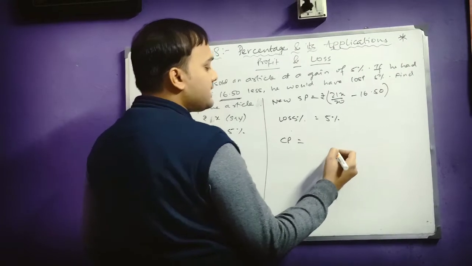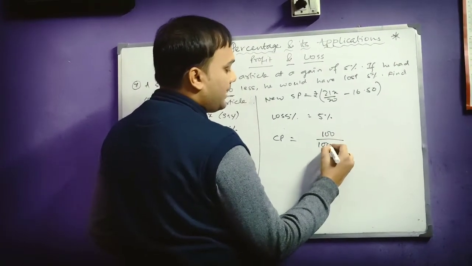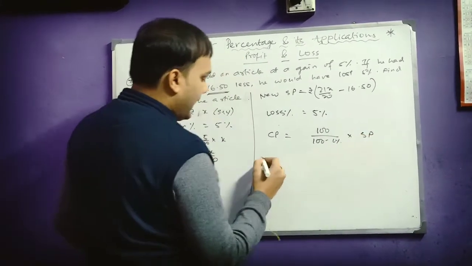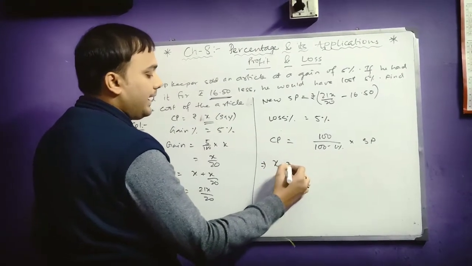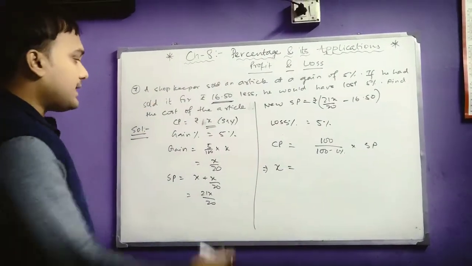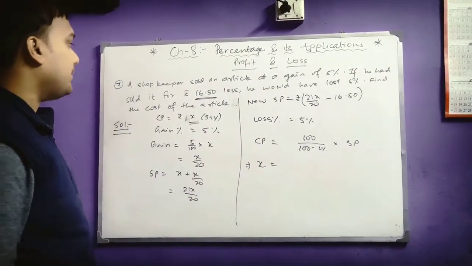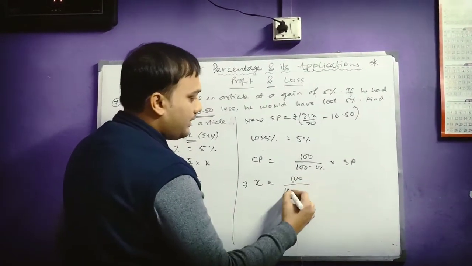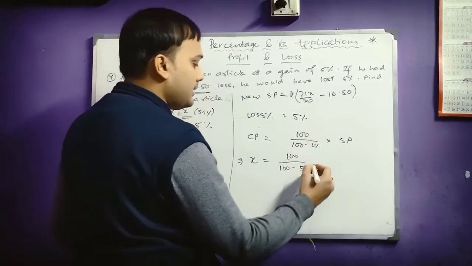The CP formula, as you know, is 100 by 100 minus L% into SP. As I know, the original cost price was rupees X only. So we write here X. CP is X because we have assumed CP as X rupees. That is the CP of the shopkeeper.